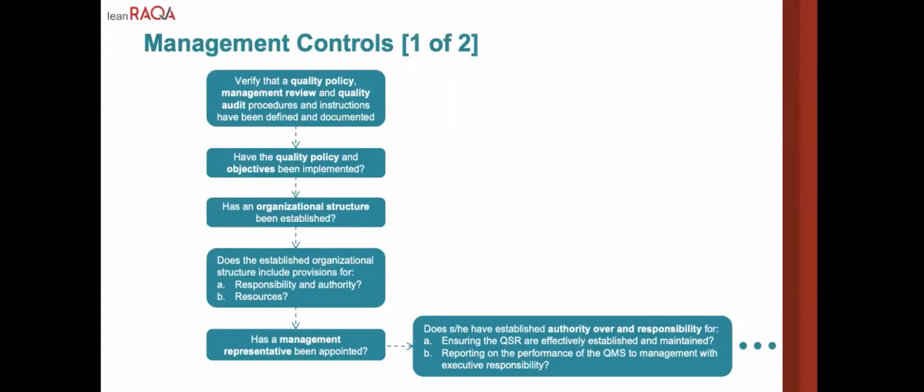If we go through an example, these are questions straight out of QSIT, and it's the process and the question-asking order that FDA will follow. You can see they start collecting objective evidence at each one of these stages.